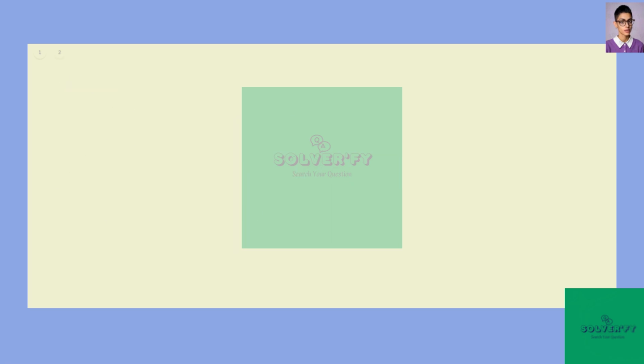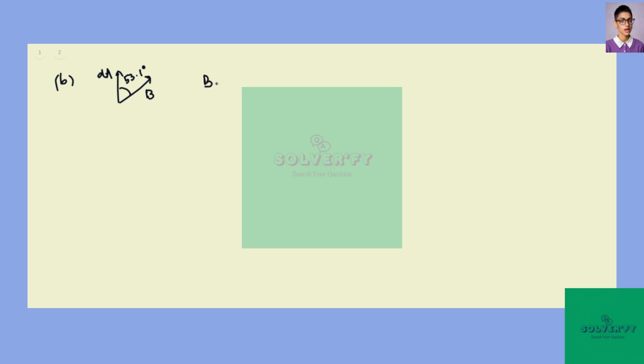Similarly, for the second part, let's say this is the area vector, which points in the z direction, and the magnetic field makes an angle 53.1 degree with z.